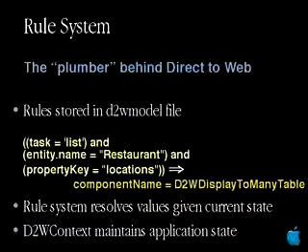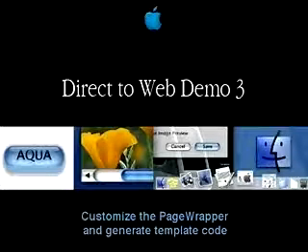To evaluate rules at runtime, we use something called a D2W context. So all of the bindings in your HTML template that we give you are going to have reference to keys of the type D2W context.something. So when you see D2W context.something in your WOD file, in your bindings file for the HTML we give you, that's when the rule system kicks in. And we're going to show you some of this in demo 3.